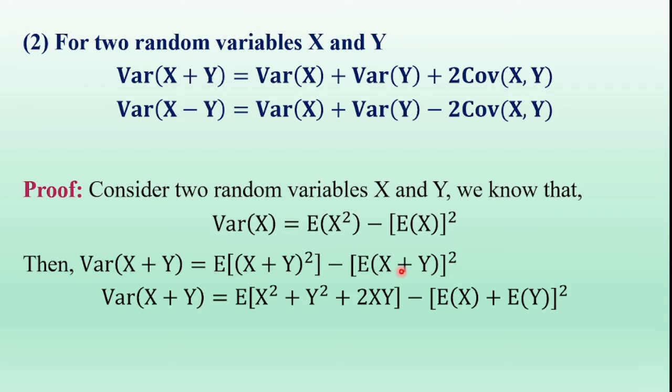Minus, and in the second term within the bracket, first applying the property of expectation, expectation of X plus Y is equal to expectation of X plus expectation of Y. In the first term, applying expectation into each term, using the property that the expectation of a sum of random variables is equal to the sum of their individual expectations. Then in the second term, applying the a plus b whole square expansion.